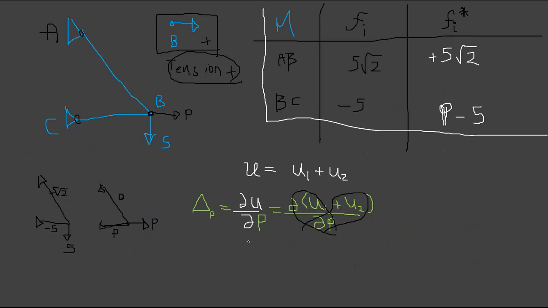So we'll take a table. So this is the member AB and BC, and the Fi, this is the original force, right? Remember, so this was 5 root 2, this is minus 5, right?